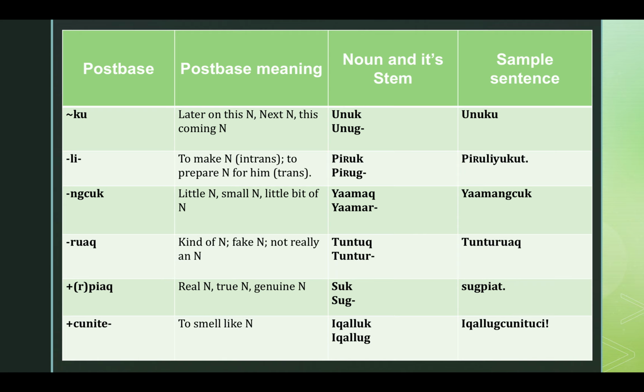Okay, the next two are also minus postbases. Ungjuk is a little small or a little bit of a, and we're going to add it to yamak. Yamak ends in a Q, so its stem ends in an R, but that last consonant gets dropped because it's a minus postbase, so it would be yamangjuk. Yamangjuk.